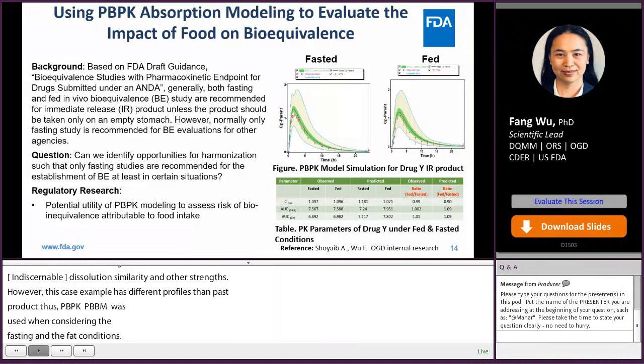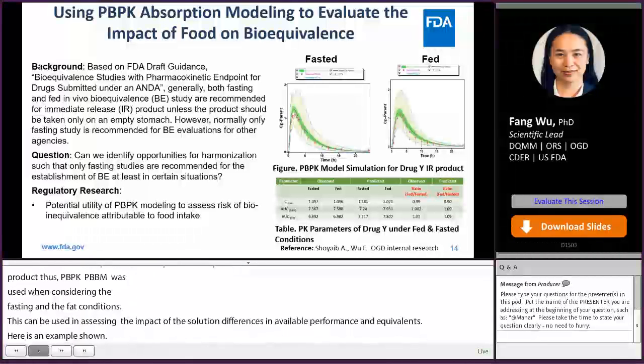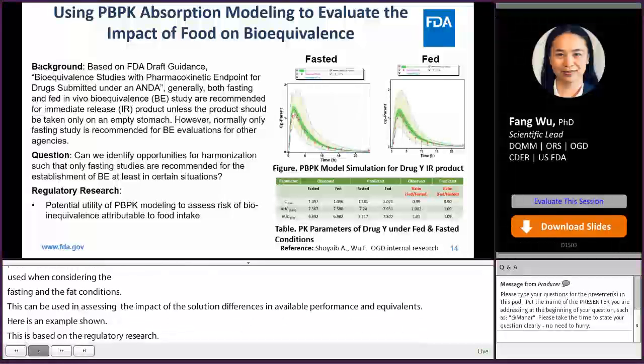The case example shown in this slide was based on regulatory research. According to FDA draft guidance for BE studies with PK endpoint for drugs submitted under an ANDA, generally both fasting and fed in vivo BE studies are recommended for immediate release products, unless the product should be taken only on an empty stomach. However, normally only a fasting study is recommended for BE evaluations by other agencies.